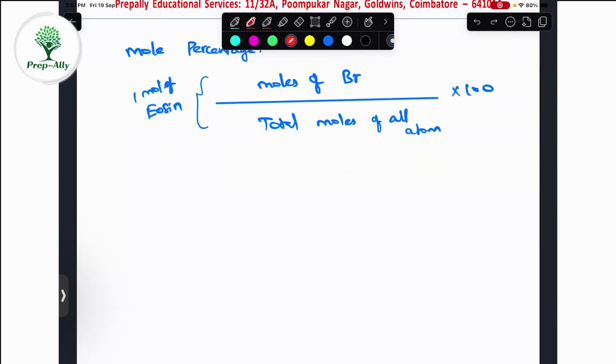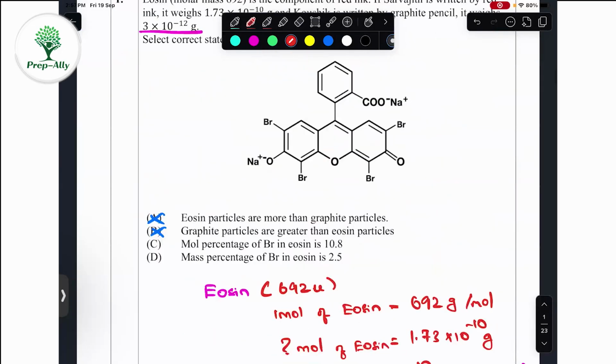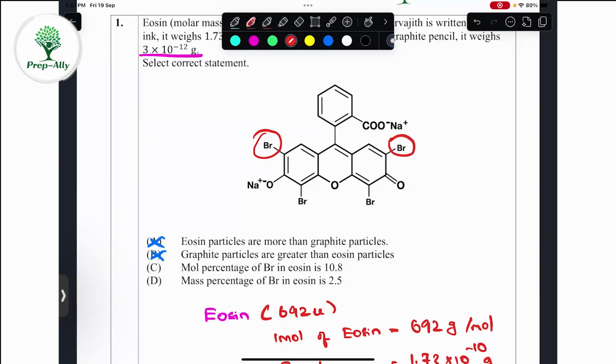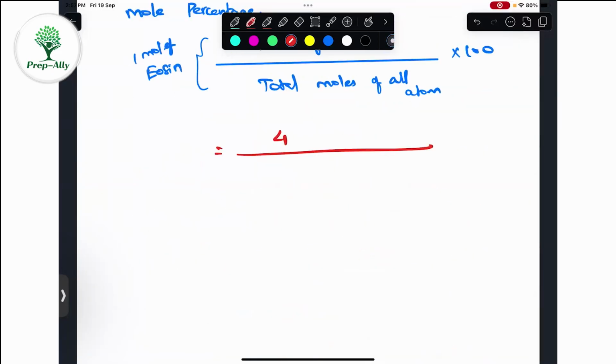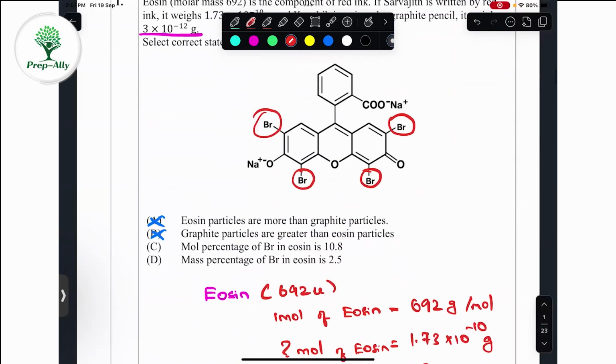So how many bromines are there? You can see here, bromine, bromine, bromine, bromine. So 4 bromines. And what about other atoms? Let's say carbon. How many carbons are there? Each end is a carbon, right? This is a benzene ring, because it has alternating double bonds. So here I have 6 carbon, and here I have 6 carbon.